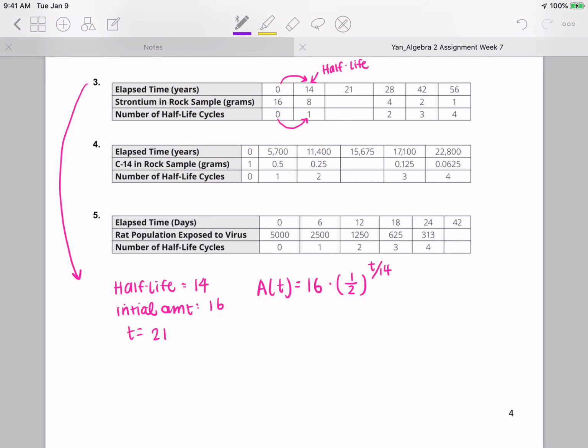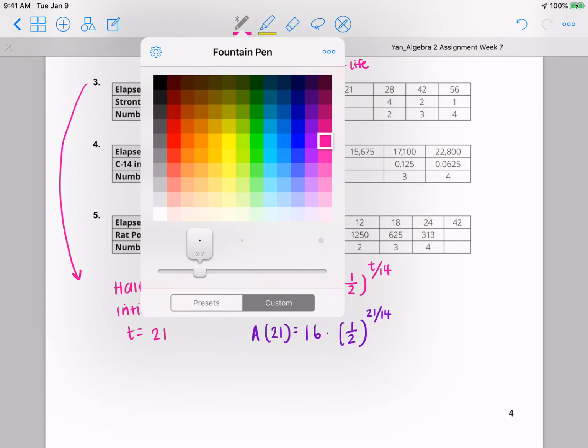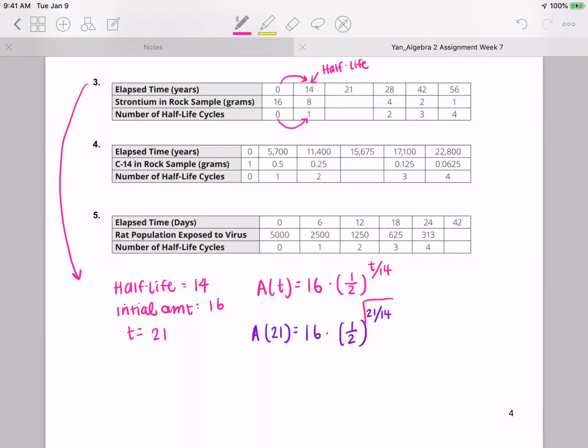Okay, because I can substitute any number in for t and I'll figure out the grams and the number of cycles. Okay, so now I'm going to substitute 21: 16 times 1/2 to the 21 over 14. Okay, remember this part right here tells us what cycle this is.